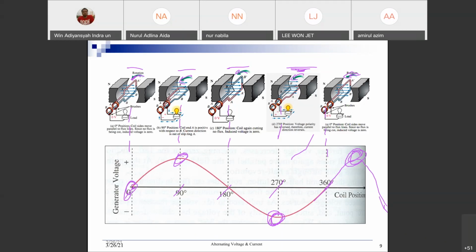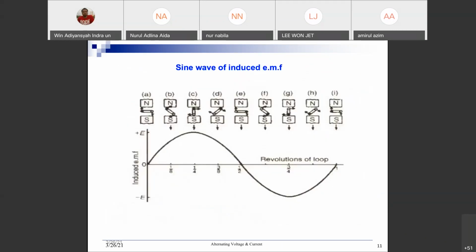Zero. Okay, this is also still the magnetic field. NS means north, south.